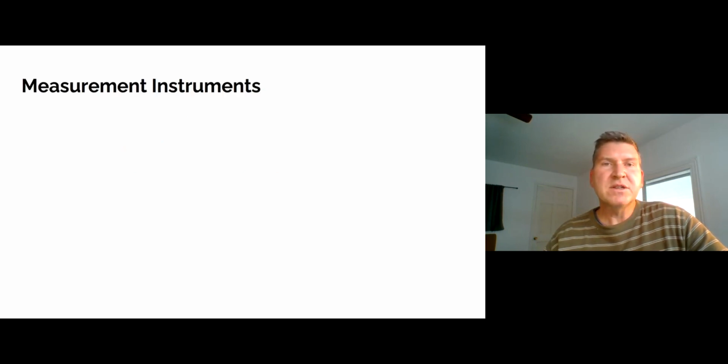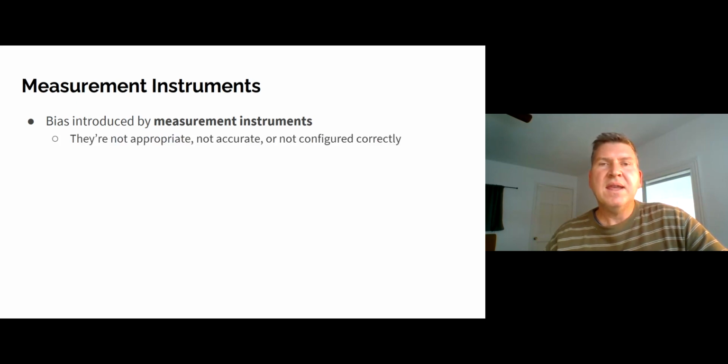So with measurement instruments, these could introduce bias because they could either not be calibrated correctly. So if you have a measurement instrument that's not appropriate, say you're trying to measure how far you throw an object, and you're just using pace.